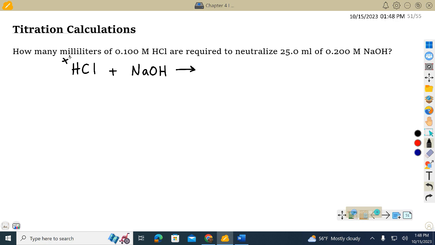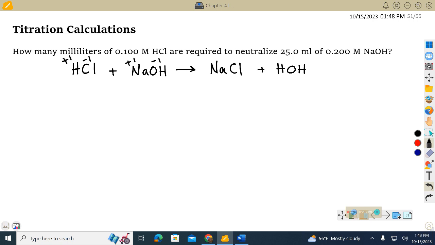My hydrogen is +1, my chlorine is -1, sodium is +1, hydroxide is -1. So it's a double replacement. I'm going to get the sodium with chloride. There's my ionic salt. And hydrogen with hydroxide, also known as water.